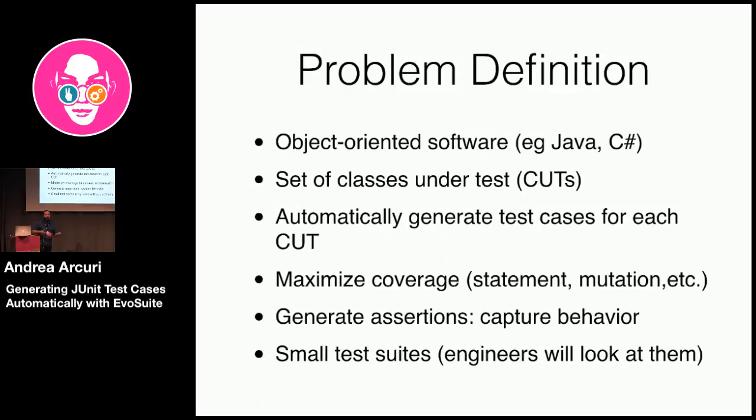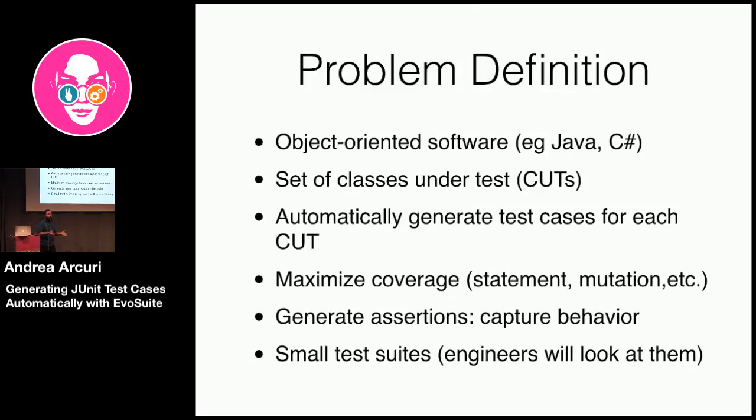And one of the goals when you write test cases is to try to cover everything in that class. That's a possibility. Another thing is that not only do you want to maximize the coverage, but when you generate those test cases, you actually want to check what the expected result is. So a lot of the time you write assertions to check what the test case is actually doing.